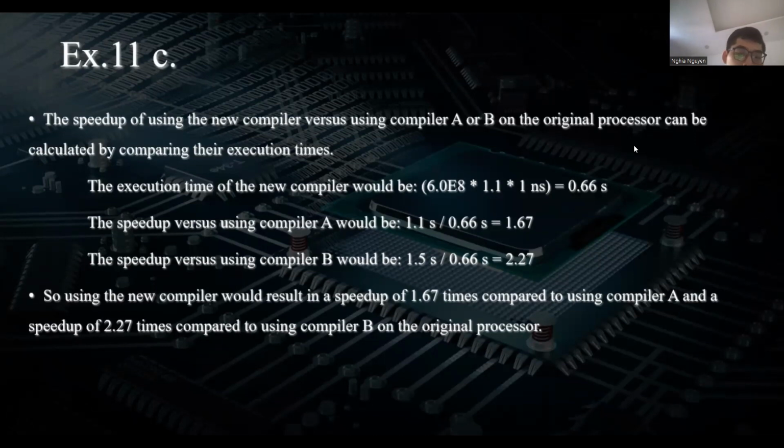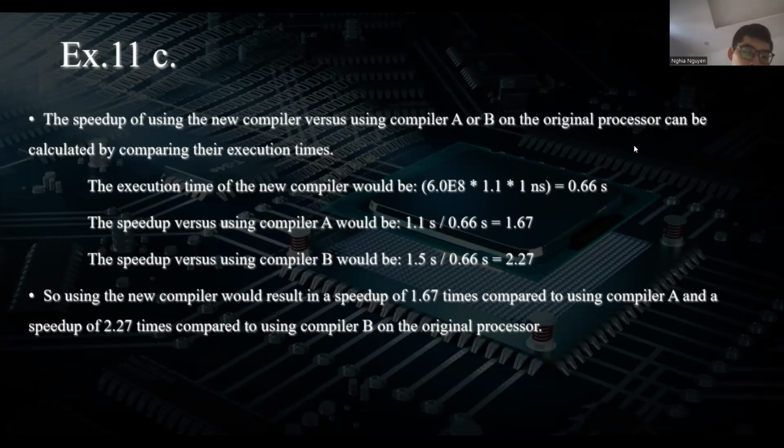The new execution time would be 6.0E8 multiplied by 1.1 multiplied by 1 ns, which is the same as 0.66. The speedup using computer A would be 1.1 divided by 0.66, which equals 1.67.